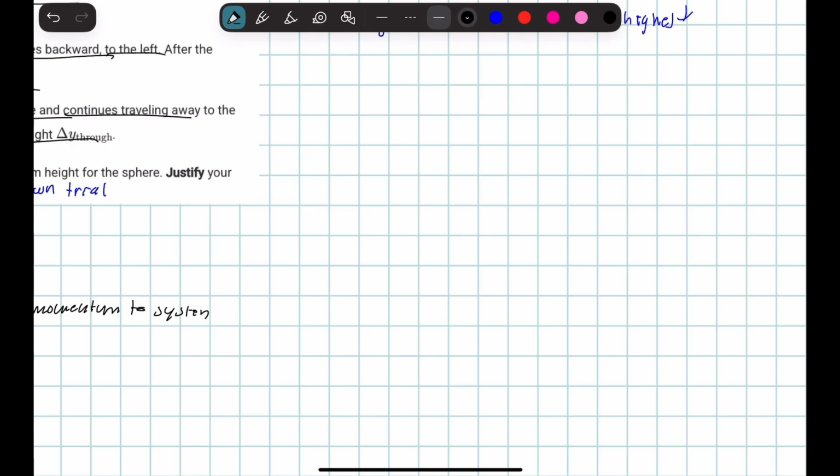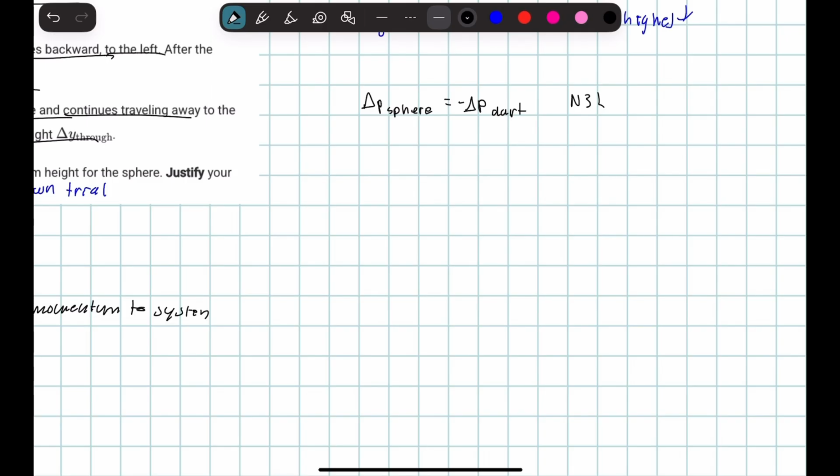So the momentum transferred to the sphere is equal to the change in the momentum of the dart. That means delta P sphere equals negative delta P dart, due to Newton's third law, equal and opposite reaction. So we can compare how much the dart's momentum changes in each case.